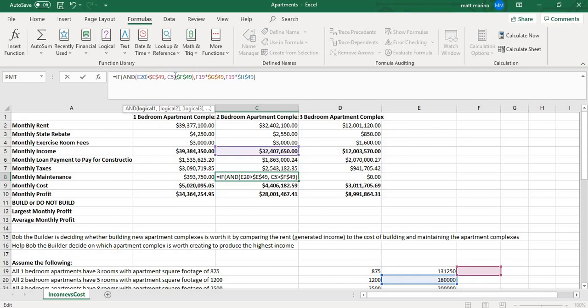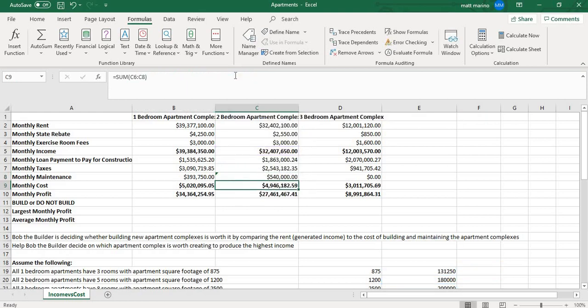Our C5 is correct, but our F19 is not. F19 needs to be changed to E20. Again, F19 needs to be changed to E20. Our formula is now accurate for the second two-bedroom.